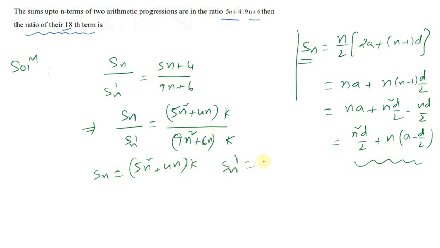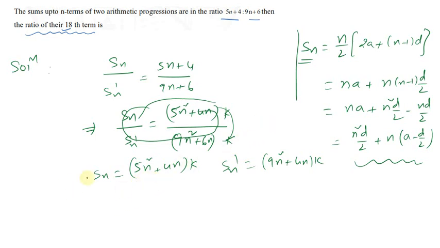Sn dash is equal to (9n square plus 6n) into k. So better to write like this instead of writing like that. So directly write like this. The ratio will be the same once again, (5n plus 4) by (9n plus 6).